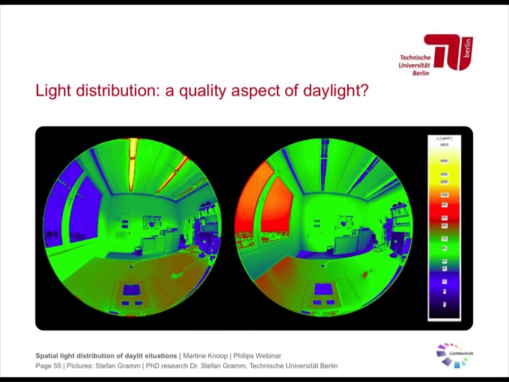And the question arises: if the average luminance is higher here, the room is perceived darker, but people like this one more, there must be more than just the average luminance of the wall that plays a role in my subjective assessment. So part of my research is to look at the other qualities of daylight that might have caused this user response.